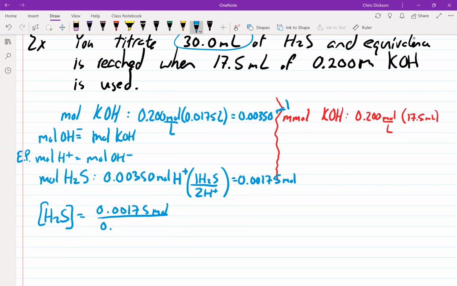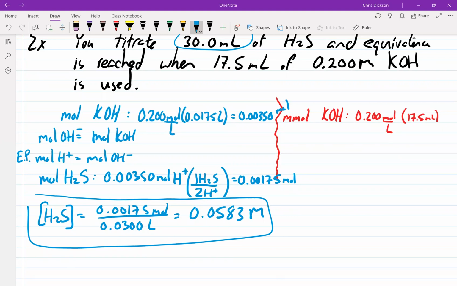So 0.0300 liters. So I divide that by 0.03, and I'm getting a concentration of 0.0583 molar.